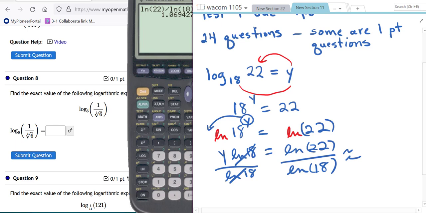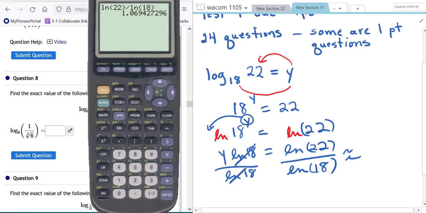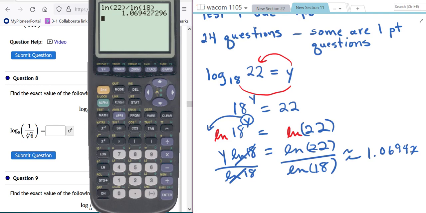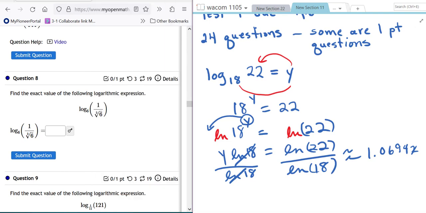So now we're approximately 1.0694, and a 2 would drop off. So 1.0694. So this was just one that I didn't see one like it in your work. All right, now we'll go through your problems.